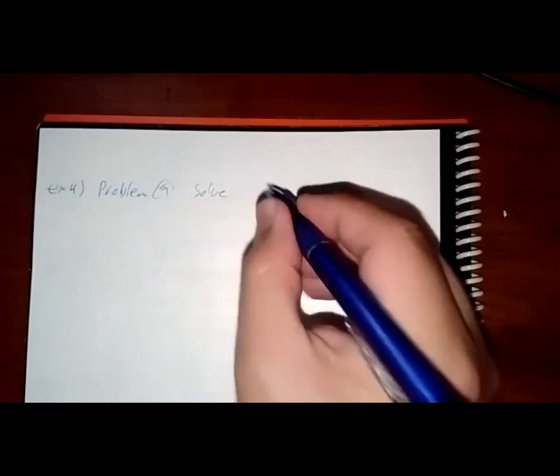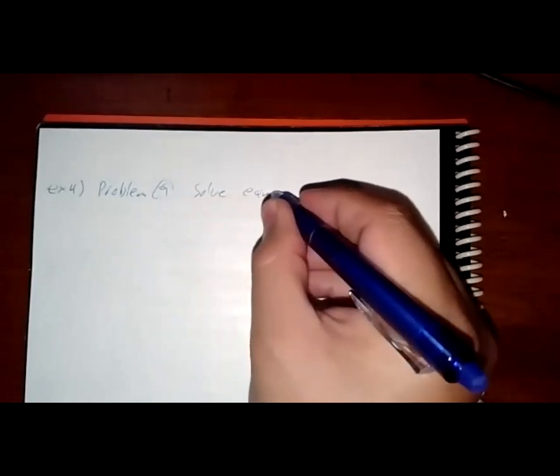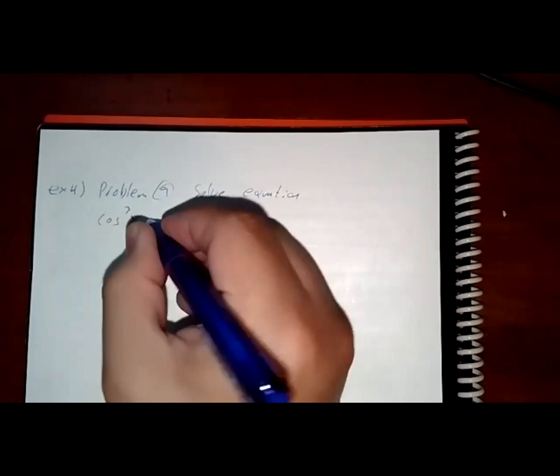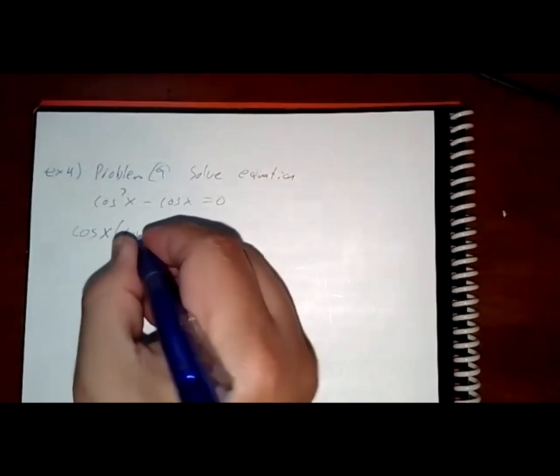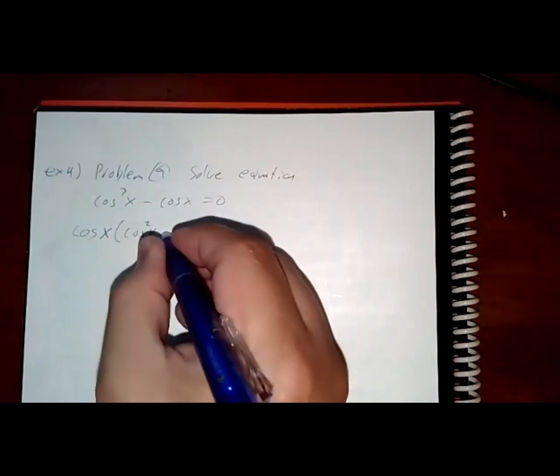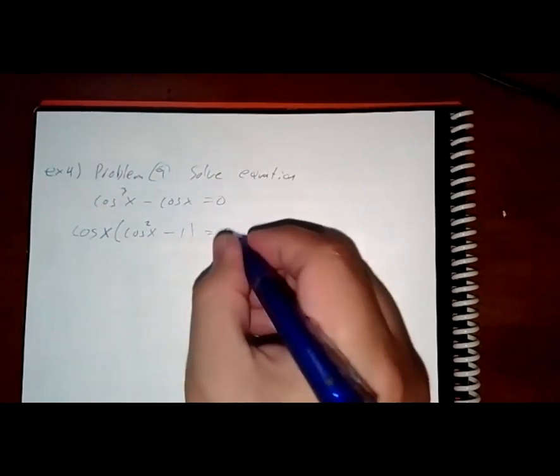So this whole section, you're actually just solving equations, not doing anything else. Cosine cubed x minus cosine x is equal to 0. Whenever I see something like this, I'm thinking I should try to factor cosine x from the entire thing. So that would become cosine squared x minus 1 equal to 0.